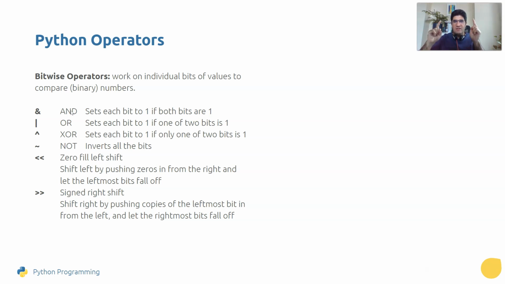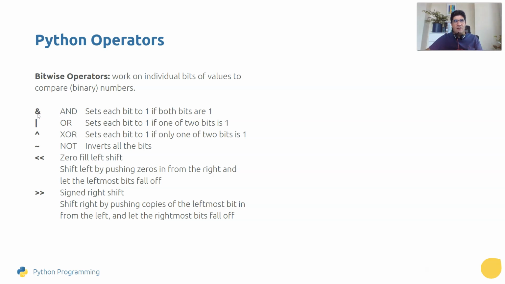So this variable will be stored in 32 bits in memory. And when we run the bitwise operators, those operators compare the bits or run the operation on those bits in memory.